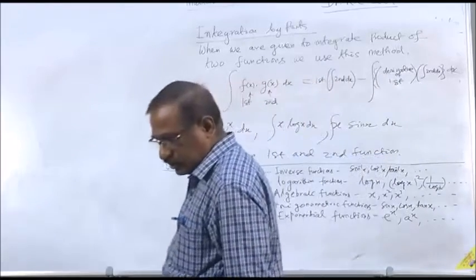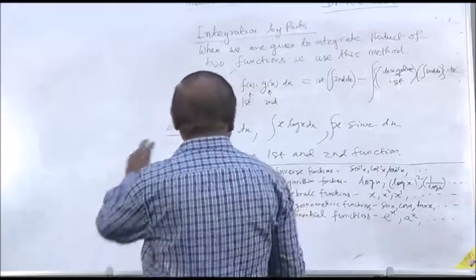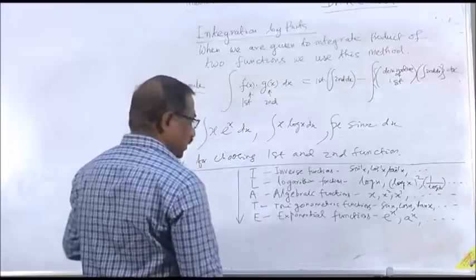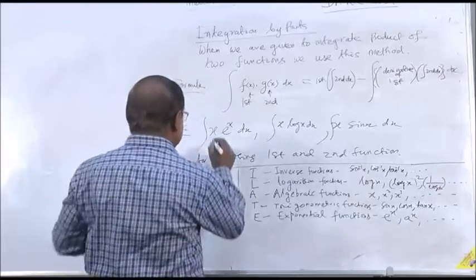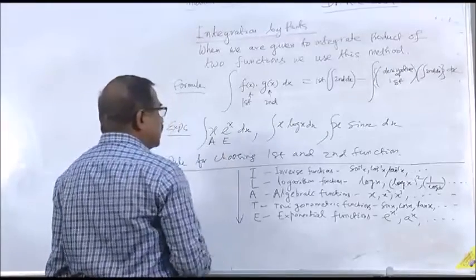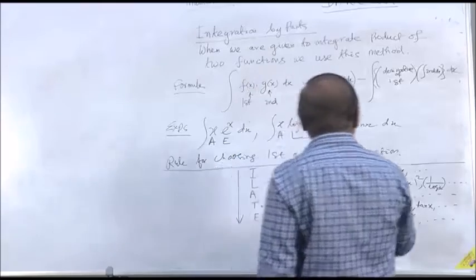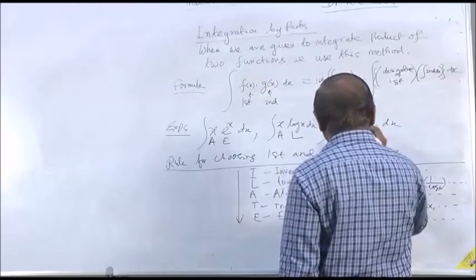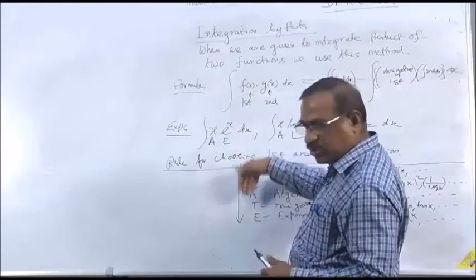These are the functions. But how do you see them in this manner? Whatever question is given, you write them out. If it is just x, you write this is an algebraic function. This is the exponential function. First you have to write like this: this is algebraic, this is logarithmic, this is trigonometric. When we move from this side, which function comes first?